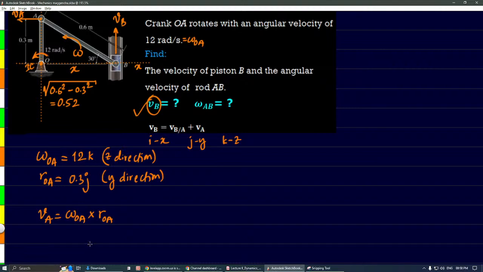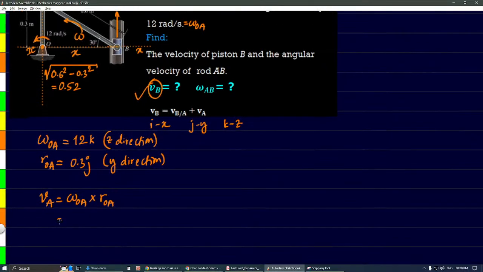You know the cross product, right? 12k cross 0.3j. What is k cross j? K cross K is 0. In IJK, if you move in clockwise direction, it is positive.